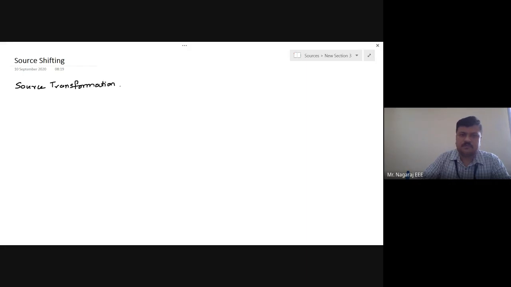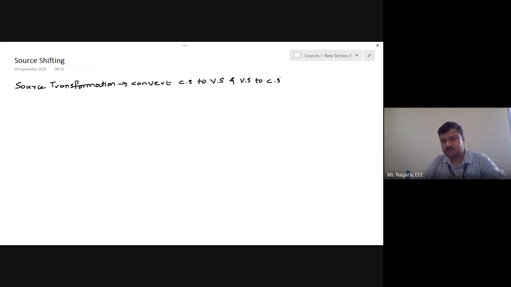Here we convert a current source to a voltage source and a voltage source to a current source for circuit simplification. Ultimately, we want to know the circuit parameters and quantities, so I have to simplify the circuit and operate.